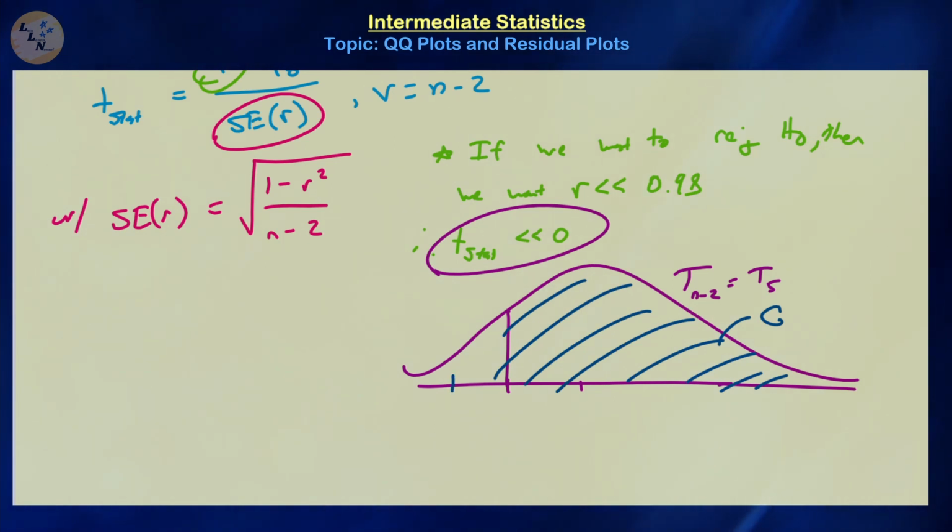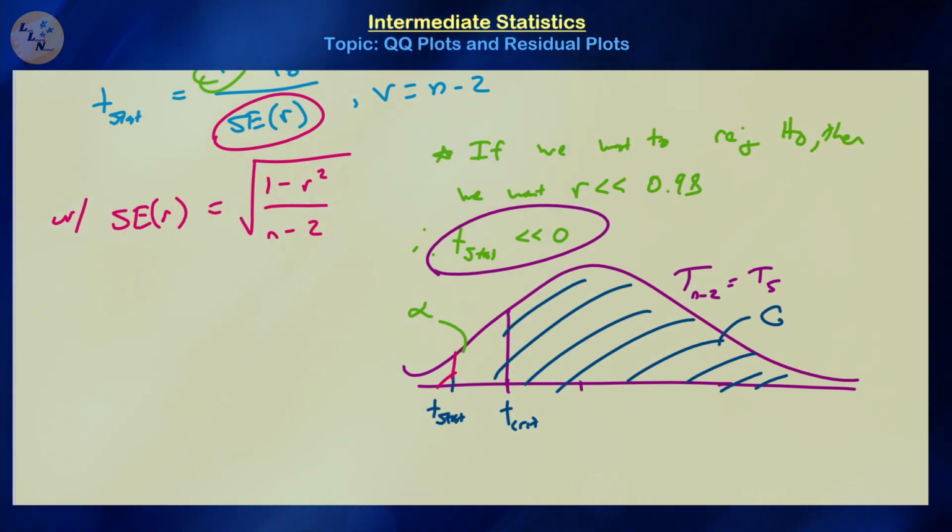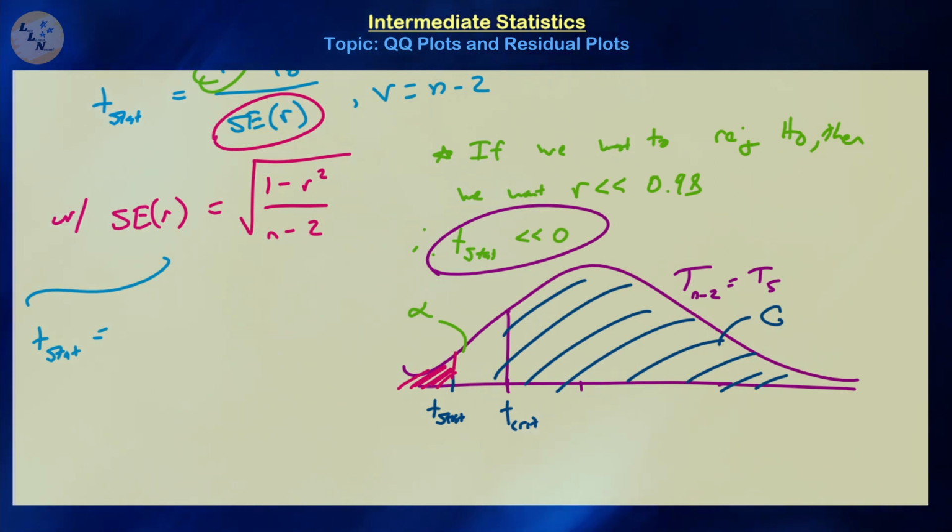So that means we want a test statistic over here somewhere, and there is our one-sided t critical value, and then of course our alpha value is located in this particular region, and our p-value would be the area to the left of our test statistic. So if that is the case, our test statistic t-stat we can find to be equal to negative 0.3248. So where does that come from?